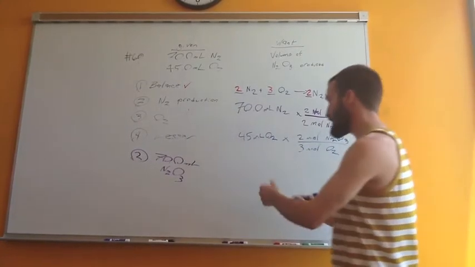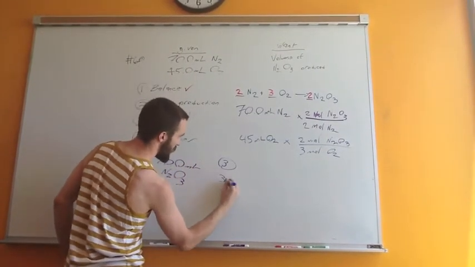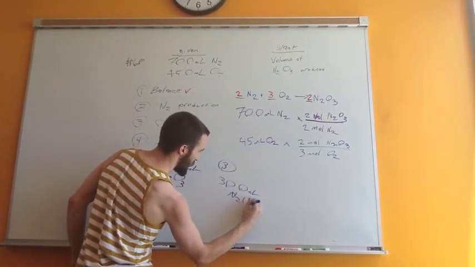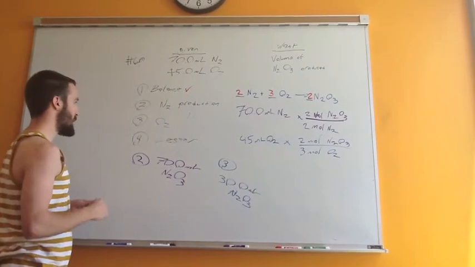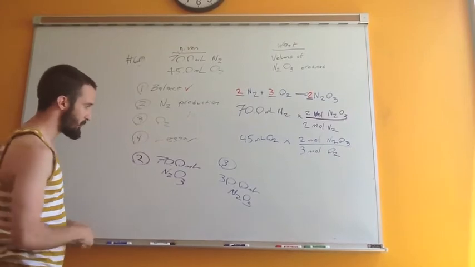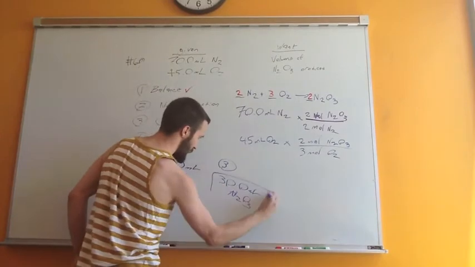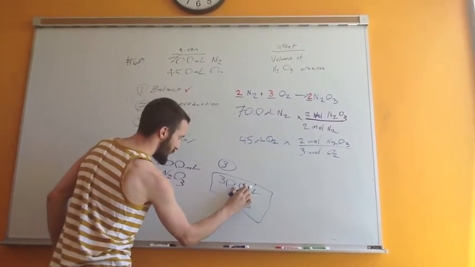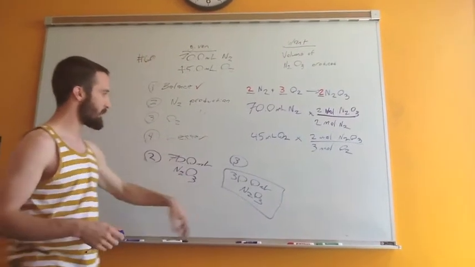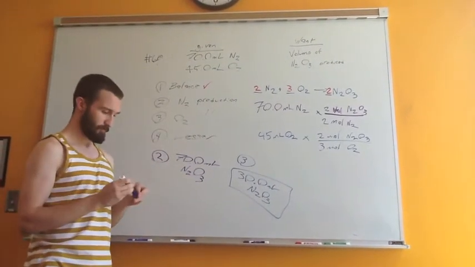And that becomes our second option from step 3, which would be 30.0 milliliters of N2O3 gas. Then, as we stated in step 4, we take the lesser number, which is 30.0 milliliters of N2O3 gas. So our final production of mixing together oxygen gas and nitrogen gas from these amounts, 70.0 and 45.0, gives us 30.0 milliliters of N2O3. And that's the answer.